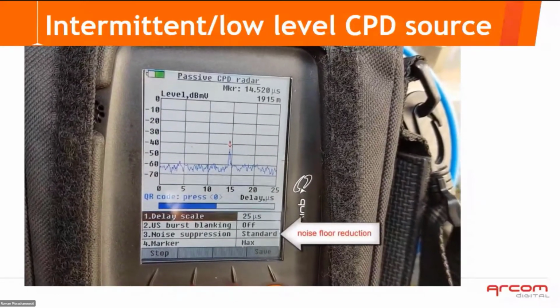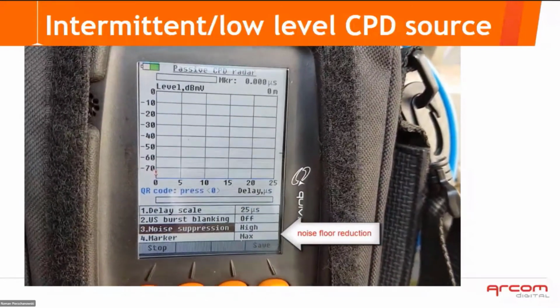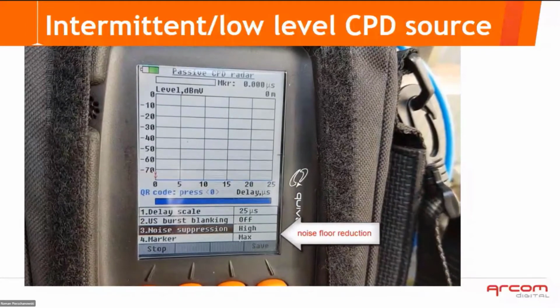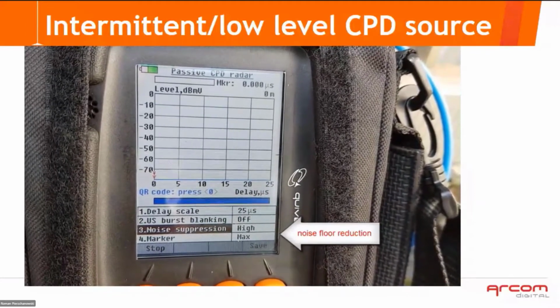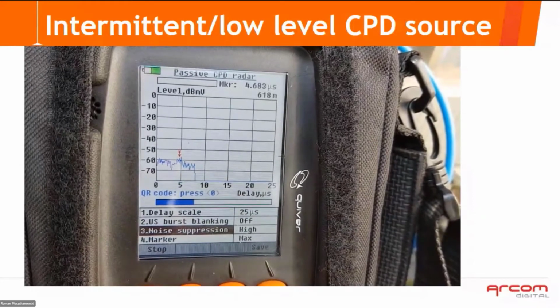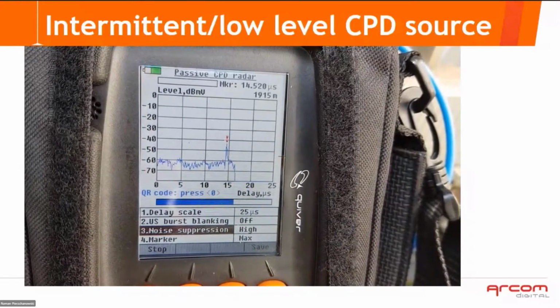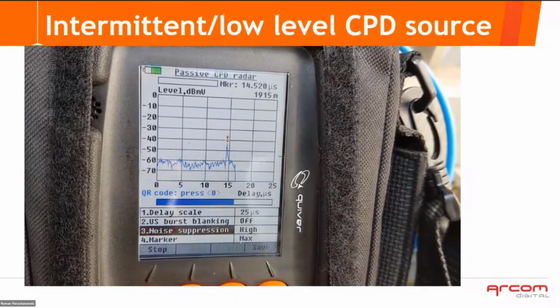For demonstration purposes, we will turn on noise suppression high. That will further increase the scanning time, because after drawing one screen, it will keep processing next and next screens, accumulating the levels.